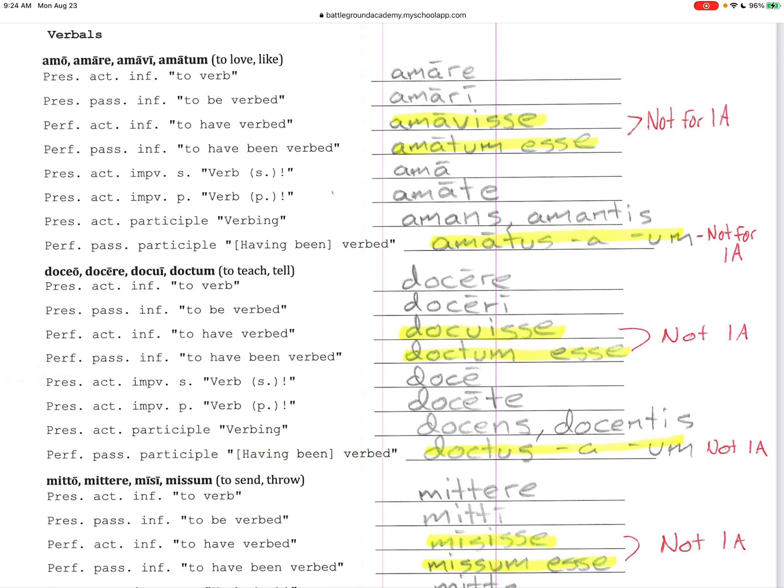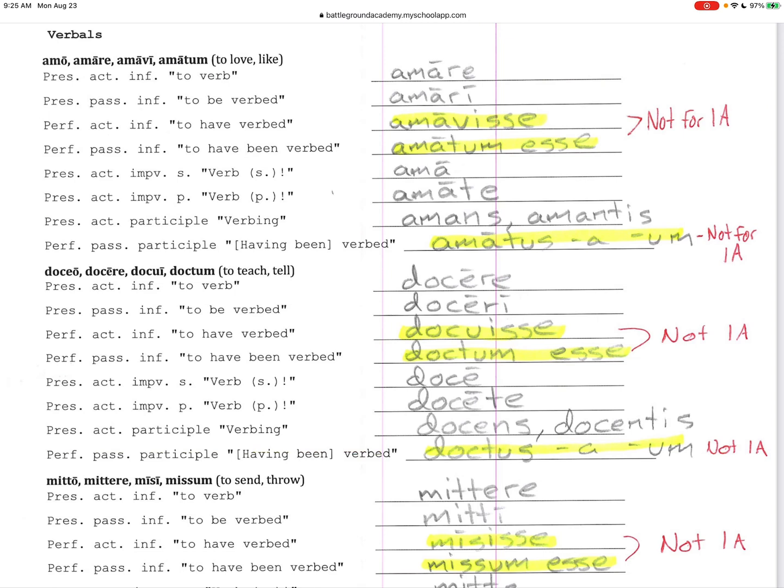By convention, most books would put the long mark on the first one, not on the second one, and I honestly don't put it on either because of the phonetic rule in Latin where if you have two consonants after a vowel, that syllable is long by position, because of the fact it's followed by two consonants. So NS following A, NT following A, that means that syllable with the A is long. In any case, I wouldn't count off here if you put the long mark.